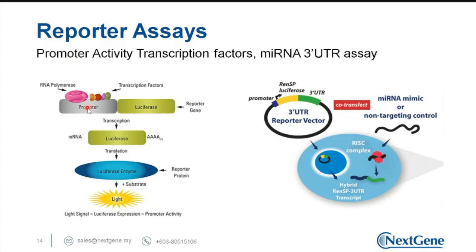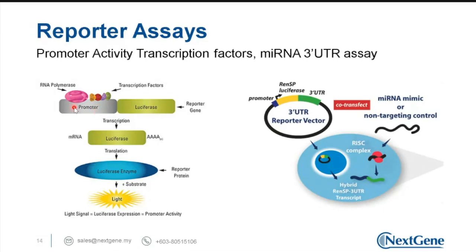When we transform or transfect this particular plasmid into our host cell, we will treat the cell with a proper inducer or agent to see whether it activates the promoter or not.